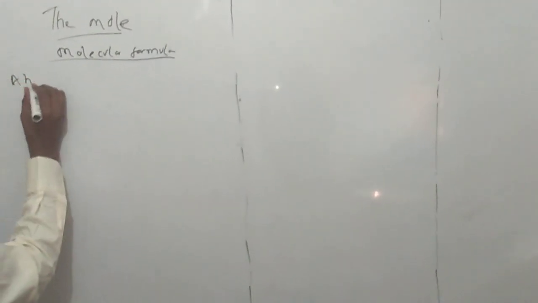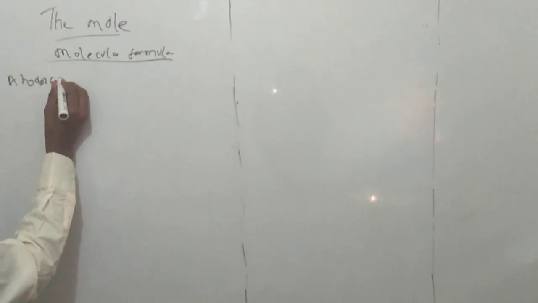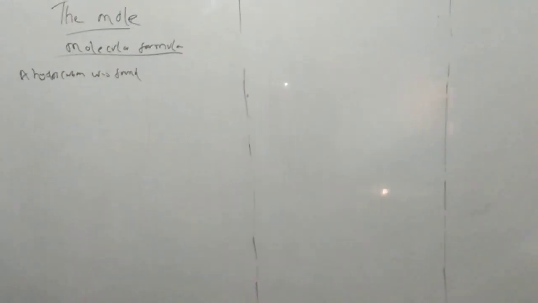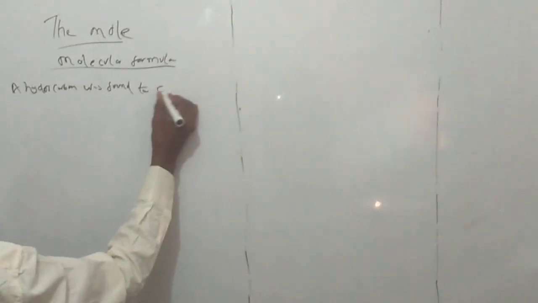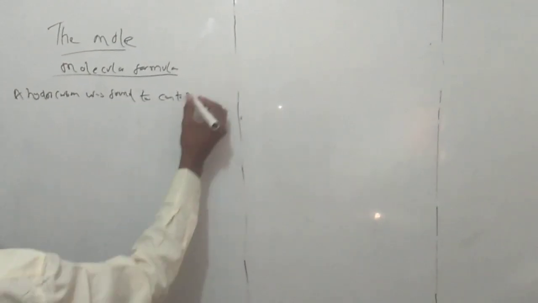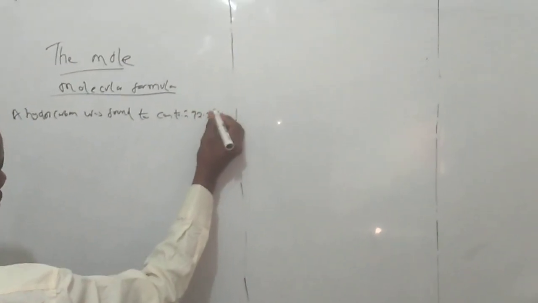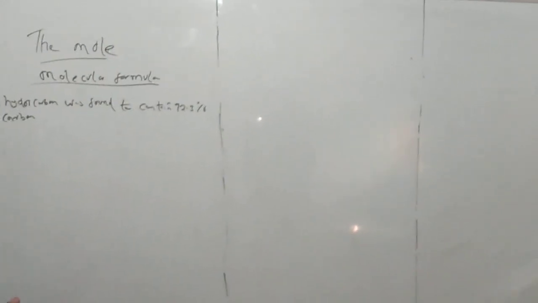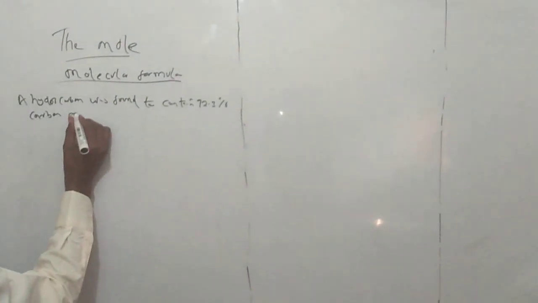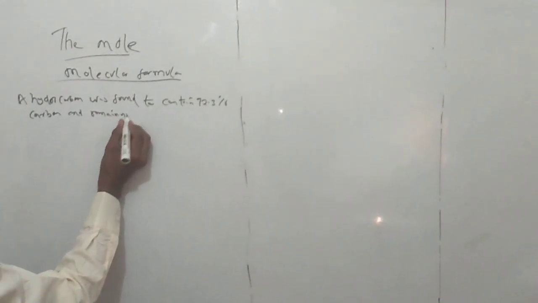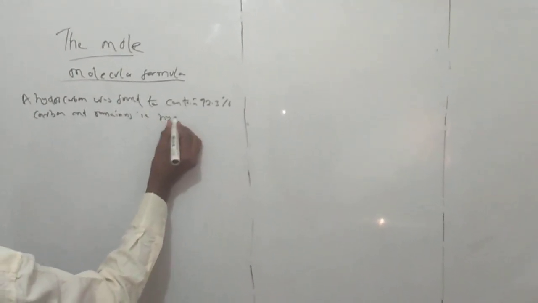We are told a hydrocarbon was found to contain 92.3% carbon, and the remaining is hydrogen.